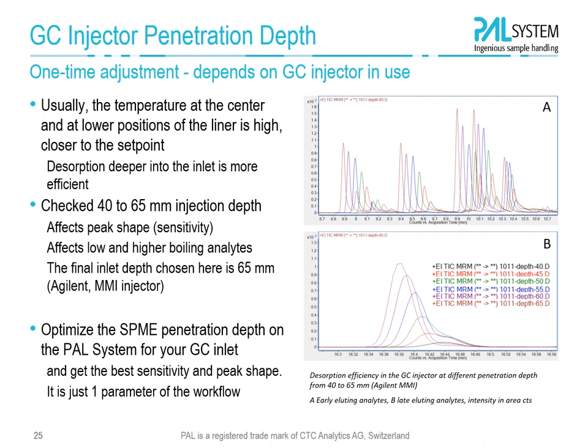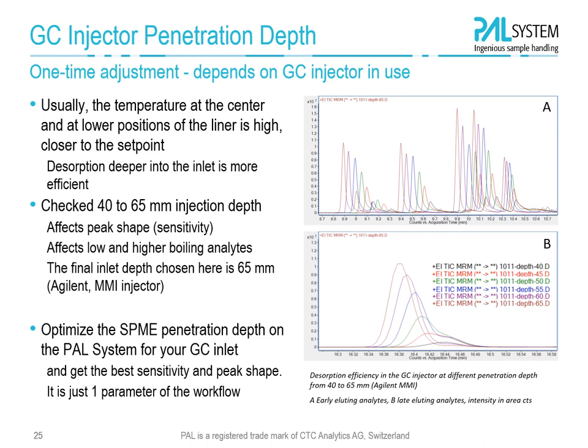It affects both A, the low boiling compounds, the VOCs, early eluting, and B, the higher boiling, the late eluting compounds. So this experiment was done on an Agilent MMI injector, and the final inlet depth we chose here is 65 millimeters, which gave us nice symmetrical peaks.